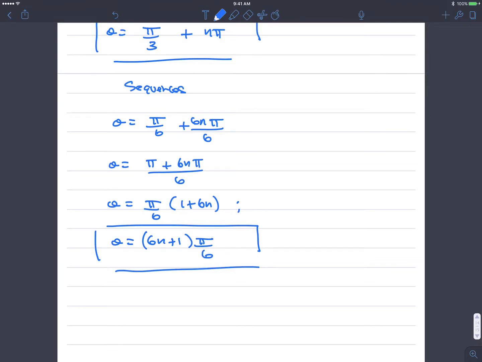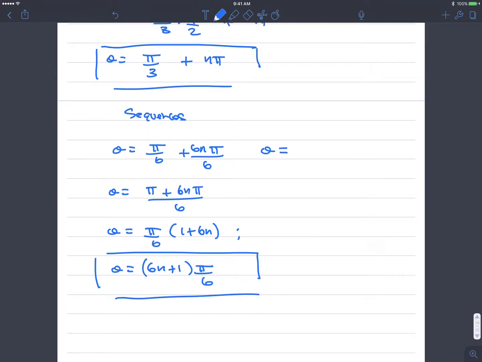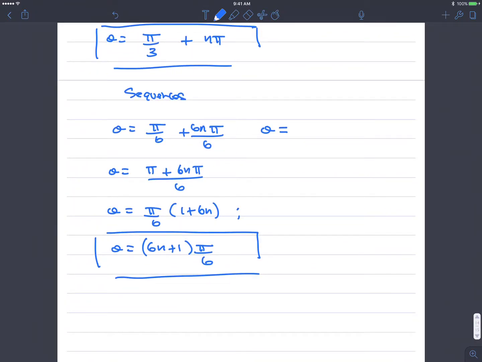Let's do the other one. Let's see if we can fit the other one over here. What's the other one here? The second solution is found by taking what? Pi over 3 and adding it with 3n pi over 3. Pi plus 3n pi. Everything over 3.